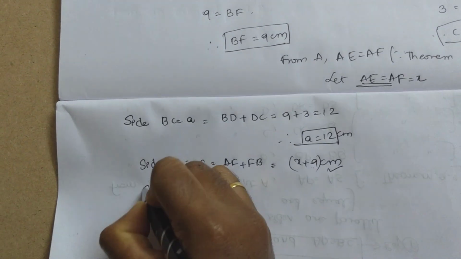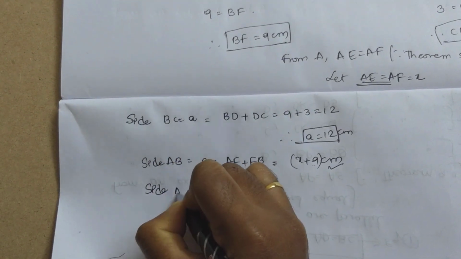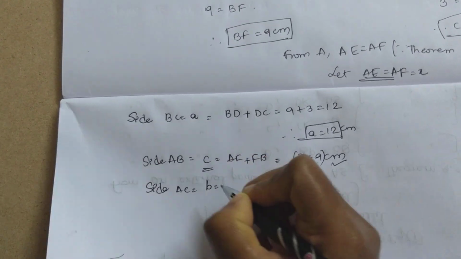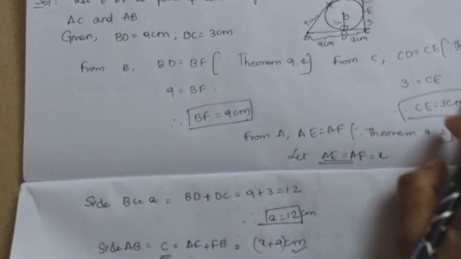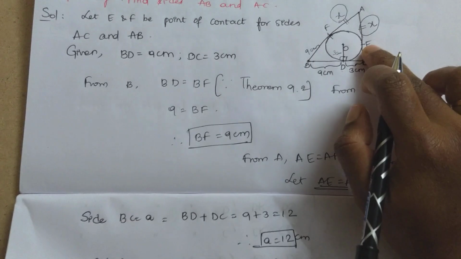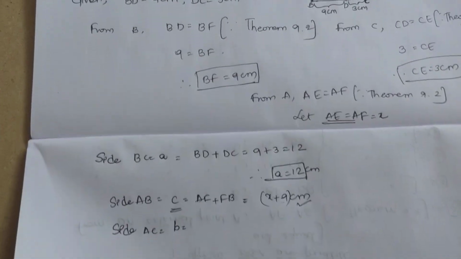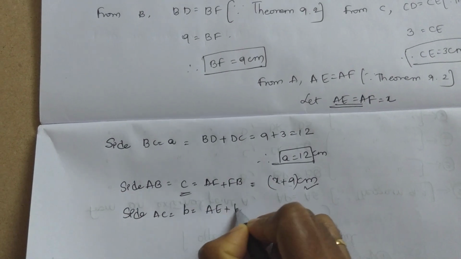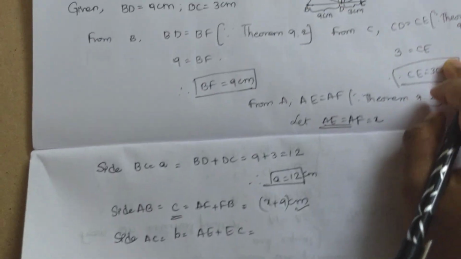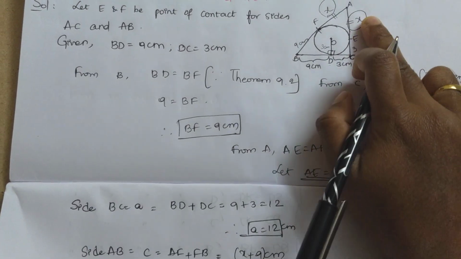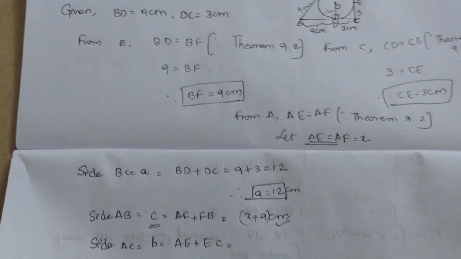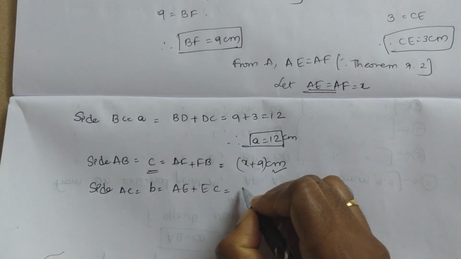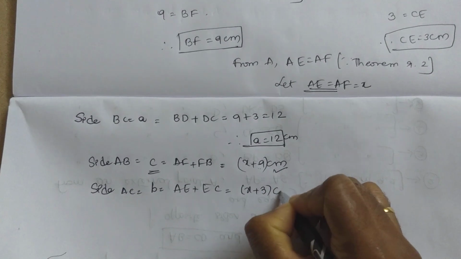The same way for the side AC, small b, AC can be written from the figure as AE plus EC. Let's see in the figure what AE is here. It is X plus 3 centimeters.